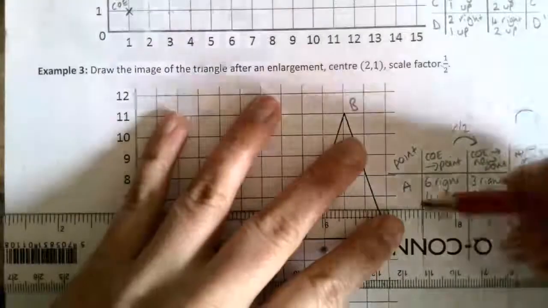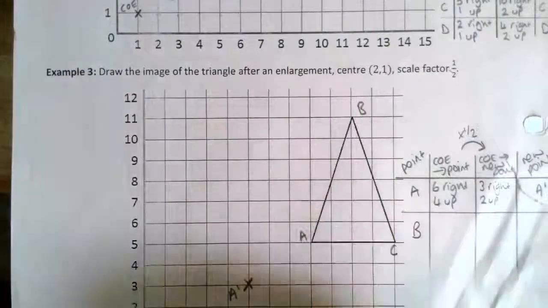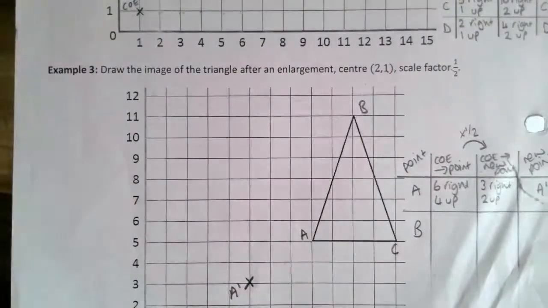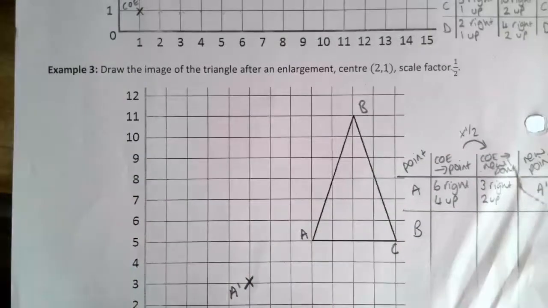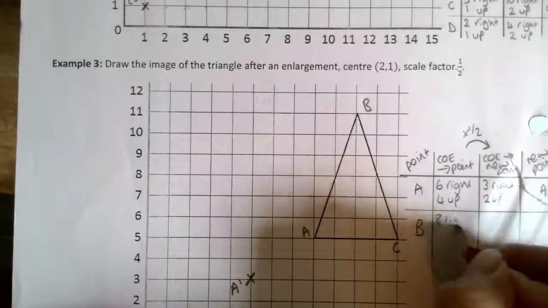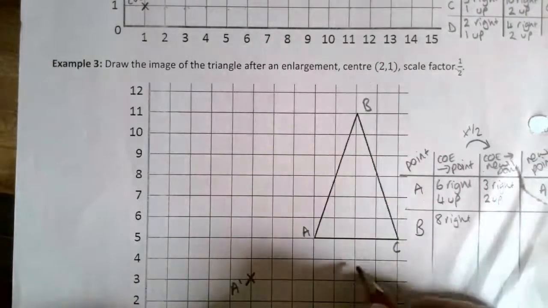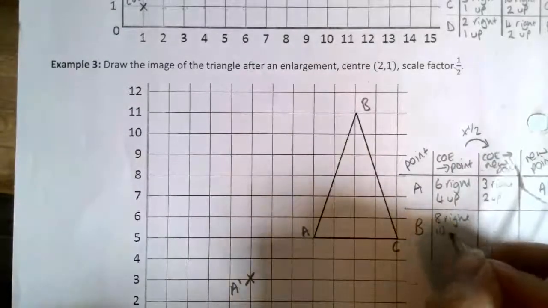So that now is going to be 3 to the right and 2 up. On our new version of A, we call A dash. So let's draw that in. 1, 2, 3 to the right and 2 up. So that's going to be A dash. Okay, let's look at B. It's just very shadowy here today, I apologise. B is 1, 2, 3, 4, 5, 6, 7, 8 right and 1, 2, 3, 4, 5, 6, 7, 8, 9, 10 up.